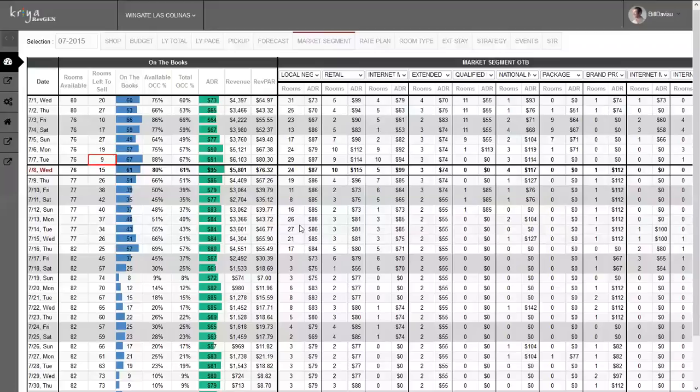When I look at my BAR-based bookings, which is my retail or rack or BAR, or my OTAs or third parties that float off of BAR, it's pretty minimal. I'm showing 3 here for my retail, and a low ADR, probably indicating that these aren't even true retail. These are overrides at the front desk that a price optimizer would not be able to tell apart.